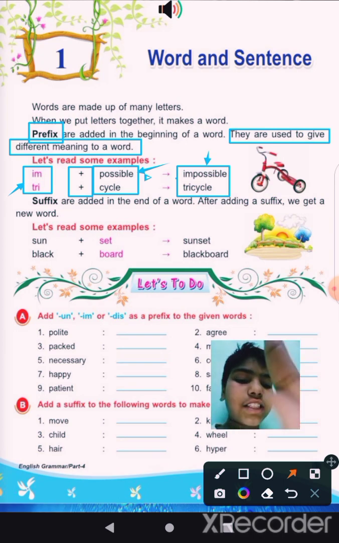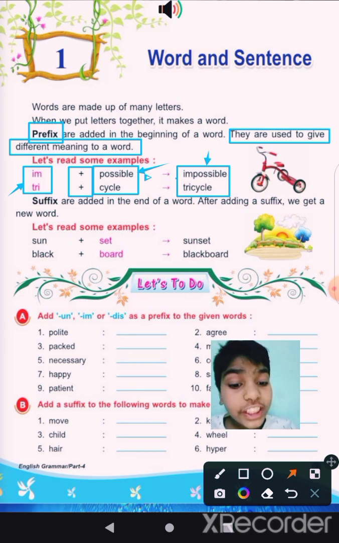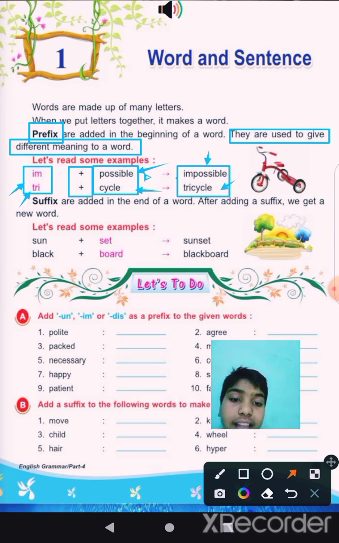It doesn't matter whether the two parts have meaning on their own or not. It only depends on whether adding something changes the meaning of the word, and that is called a prefix. Next, tri plus cycle gives us tricycle.